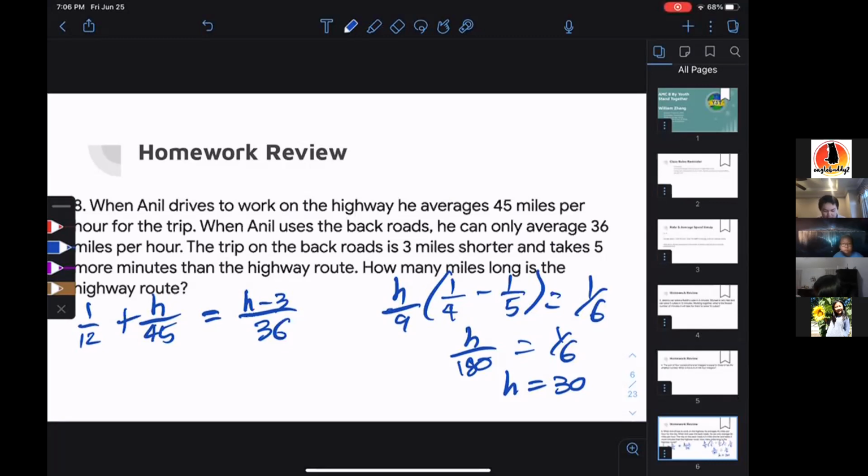And the second difficult part about this problem, I think, was using the conditions, because they don't directly give you how much time it takes, like all this 3 miles shorter, 5 more minutes. But you have to make sure you know how to set up this equation. For 3 miles shorter, because I defined the variable as distance, I could just express that like this. And then for 5 minutes more, I just wrote an equation using times like this.